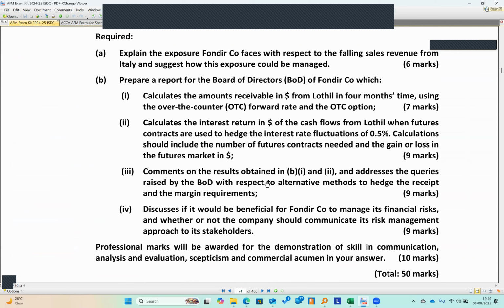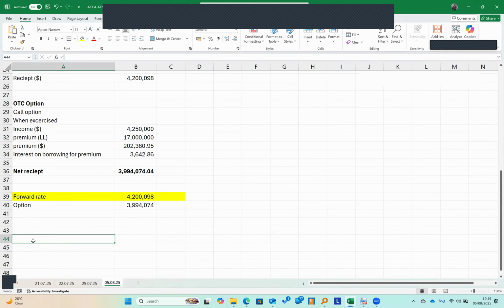And of course, now let's go to the second part, where we look at the interest return in dollars of the cash flow from Lothir when futures contracts are used to hedge the interest rate fluctuations. So we can have here our appendix 2.